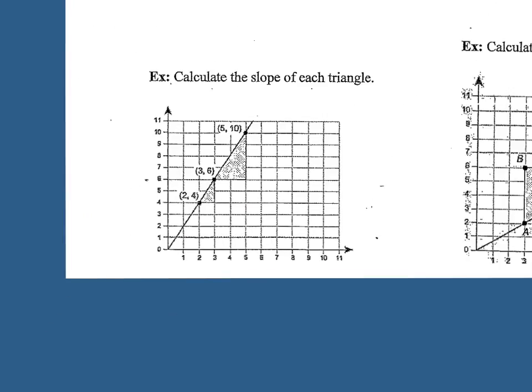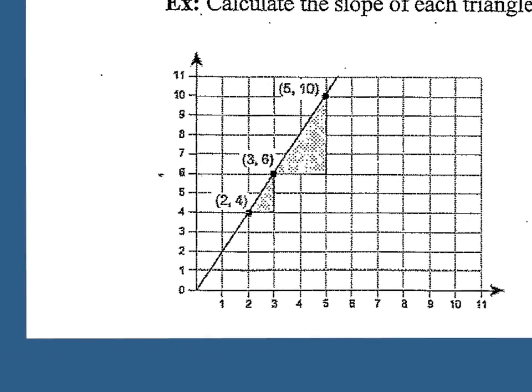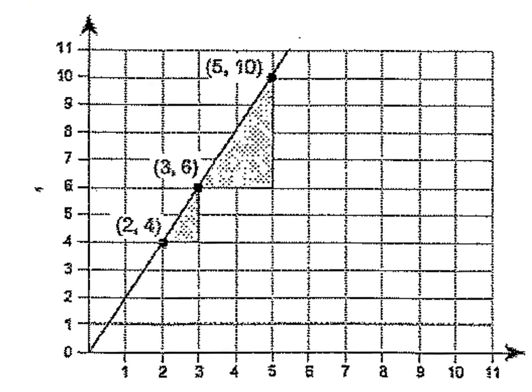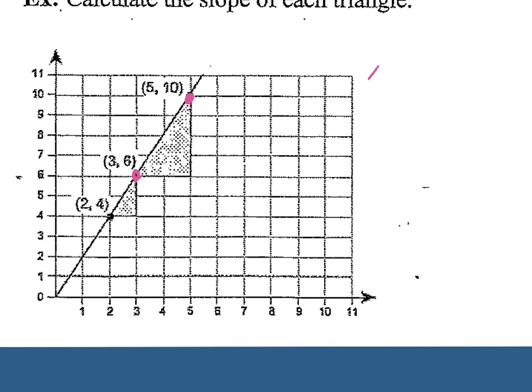Okay, just a couple more examples just to make sure we're good to go. For the big triangle, let's look at those two points. I want to find my rise, my vertical change, over my horizontal change, rise over run.